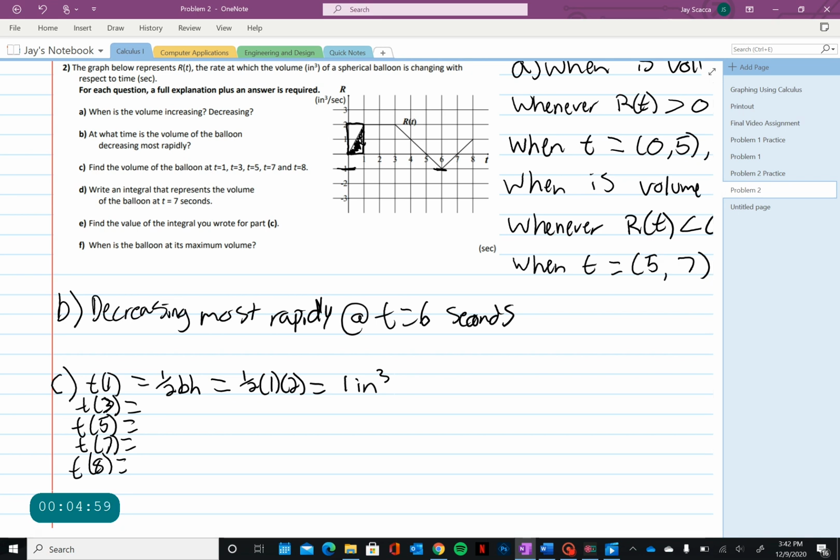When t equals 3, we are going to have to take V of 1 plus this area, which is 2 times 2, because base times height. So it's 1 plus 2 times 2, and that is equal to 5 inches cubed.